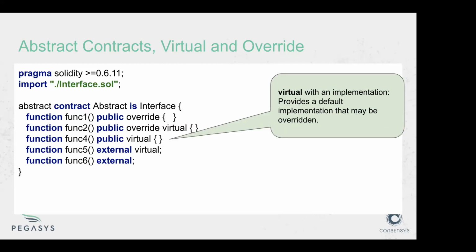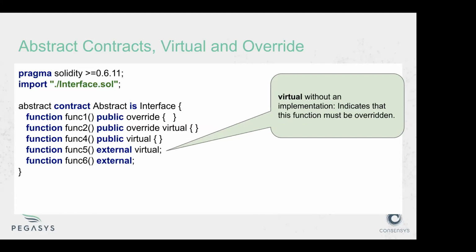You could define a new function in an abstract contract, which is virtual, and provide an implementation. And that indicates that essentially you've got a default implementation which other contracts that extend this contract can choose to use or choose to override.